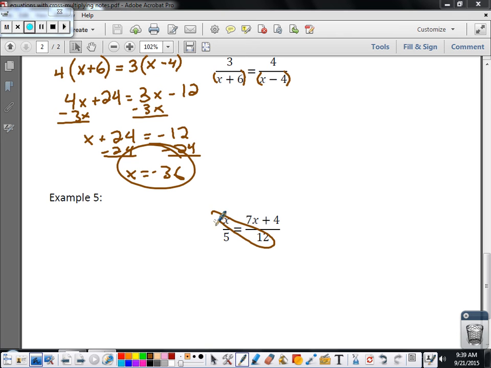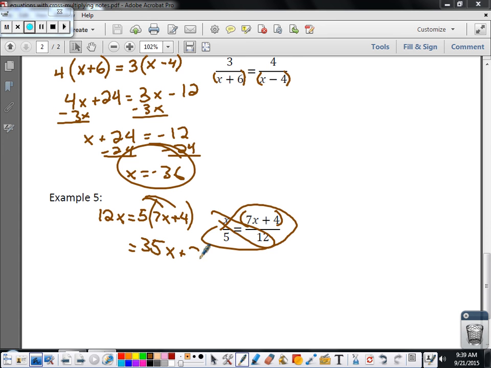Here we go. Whoops, I kind of messed that up. All right, anyways, 12x equals 5 times 7x plus 4. So you're going to distribute, get 35x plus 20. I'm going to subtract 35x, get the x's together. 12 minus 35x is negative 23x.